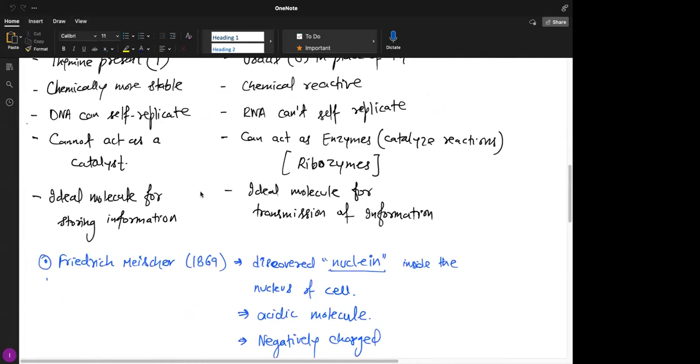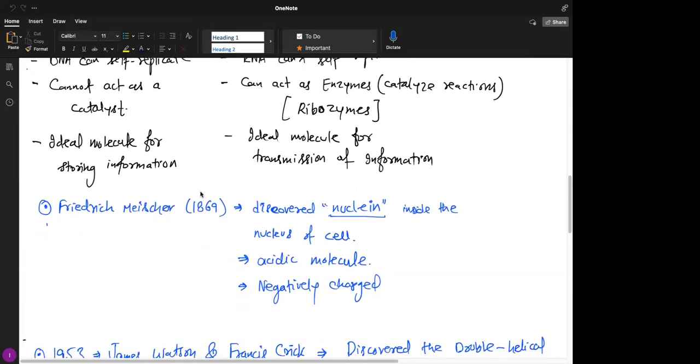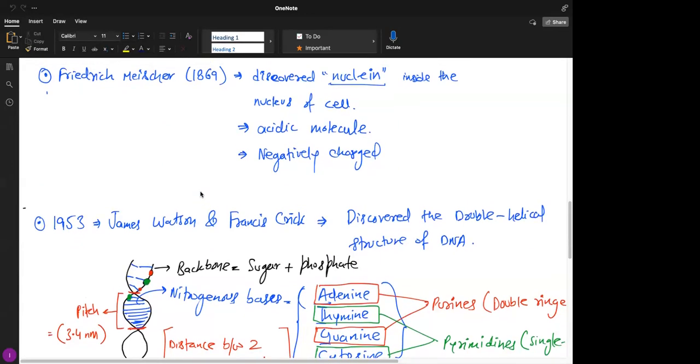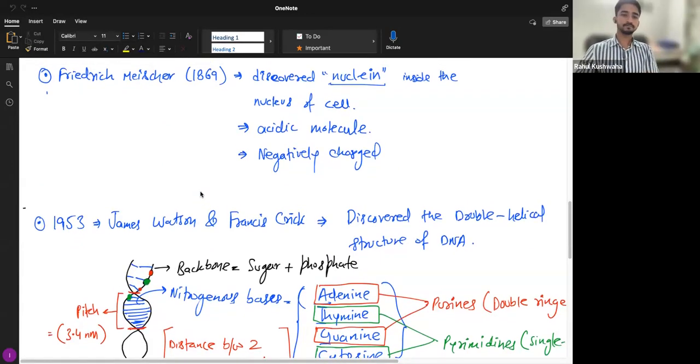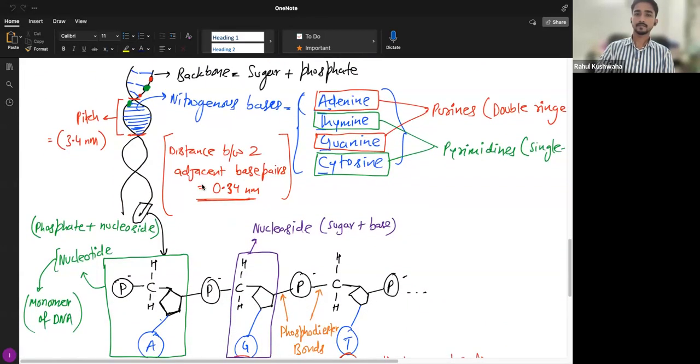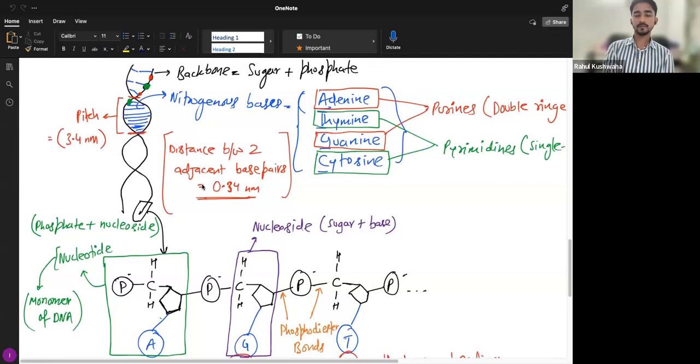And James Watson and Francis Crick discovered the double helical structure of the DNA. Yeah, we drew some of these structures. Is it clear to you?